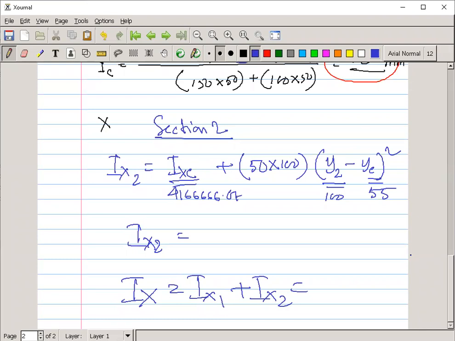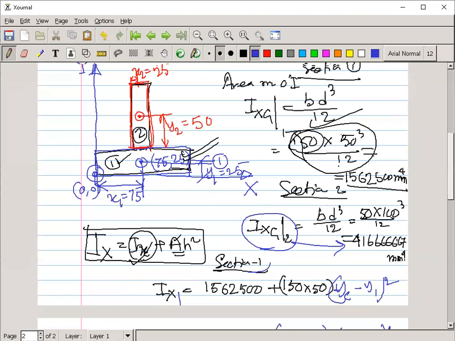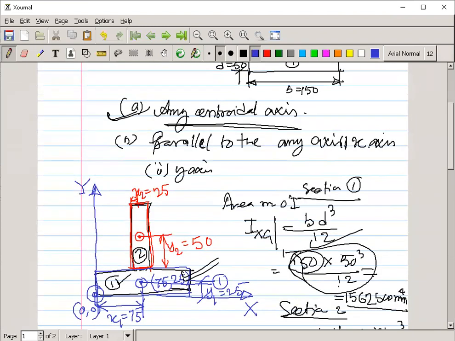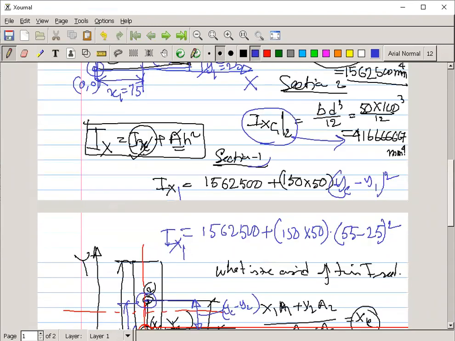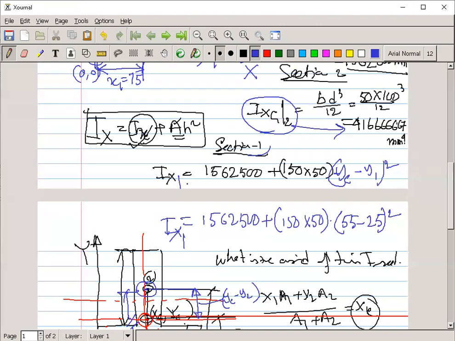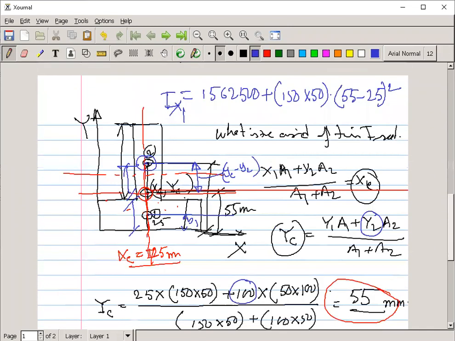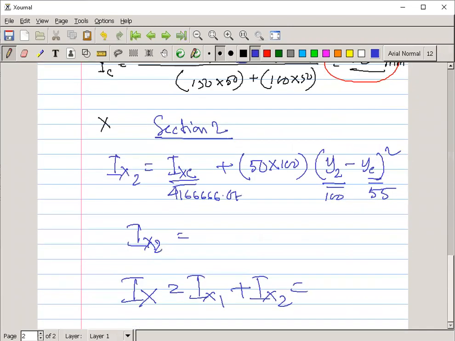Clear, sir. Okay. As written in the question, parallel to the x-axis and parallel to the y-axis. Now can you solve parallel to the y-axis? Same thing we have to do. From section 1, you have to find out Iy, which is d b cube. Similar thing you have to do again.